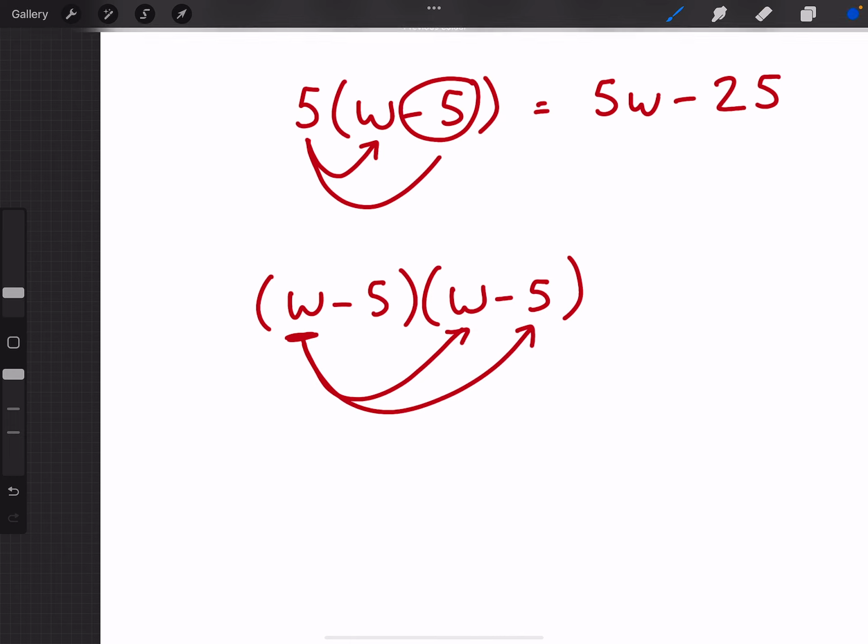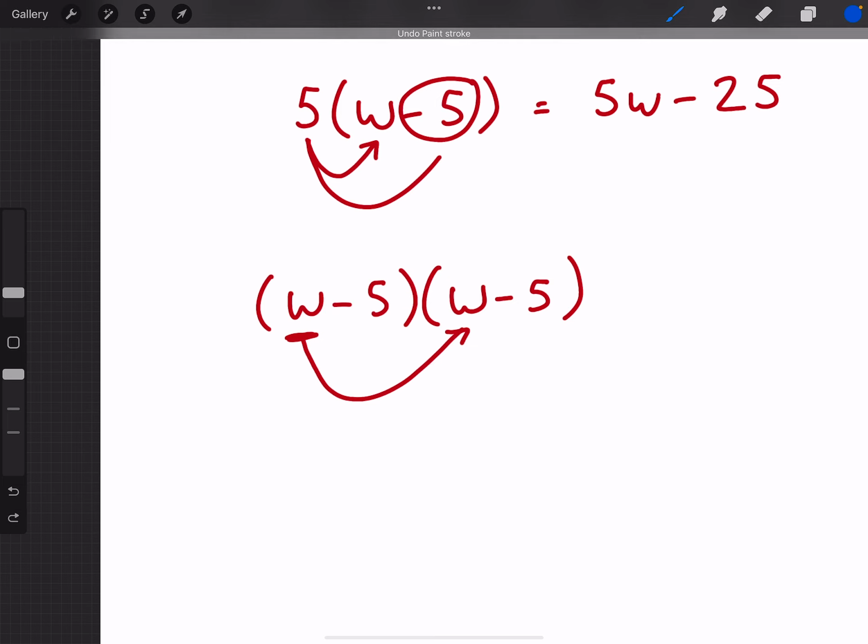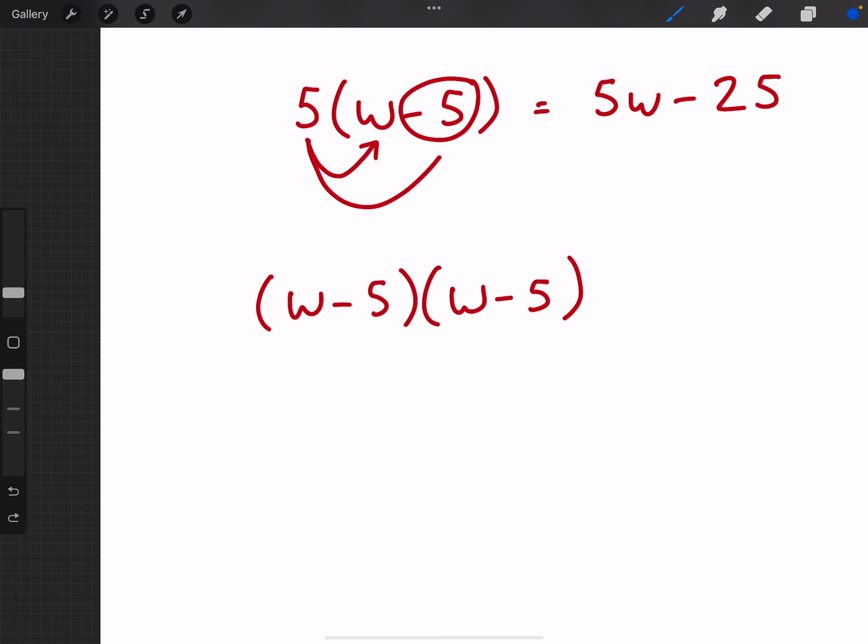And then, after you're done with that, we're going to use the second term, which is minus 5, and we multiply it into the two numbers as well. So let me do that separately and you'll see what's actually happening.